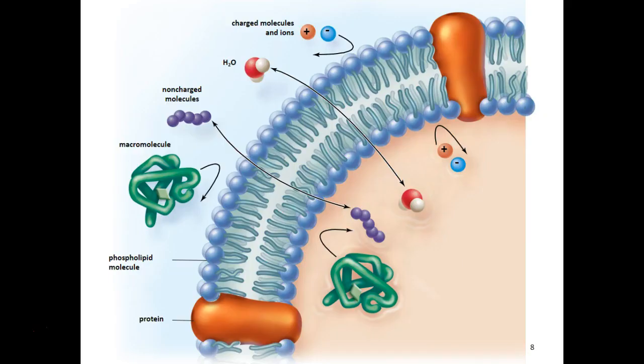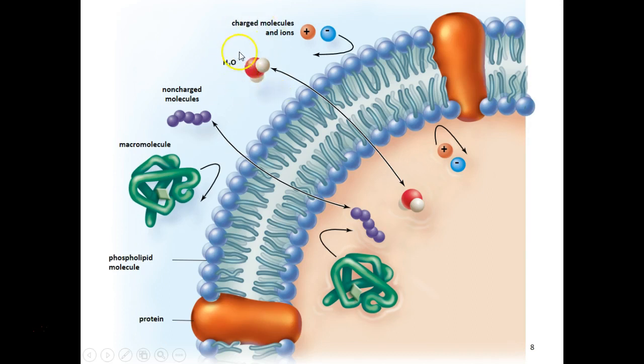So here you can see a figure from the textbook. It shows charged molecules like ions don't tend to go across the membrane. Large molecules like proteins don't go across the membrane. Non-charged and small molecules can go directly across.